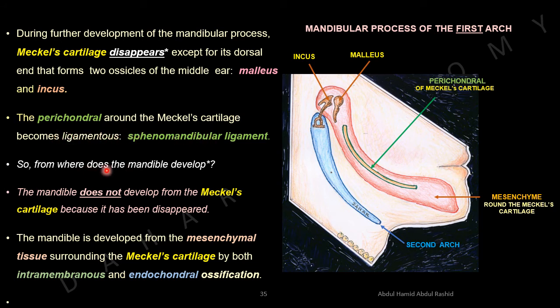So from where does the mandible develop? The mandible does not develop from Meckel's cartilage because it has disappeared. The mandible is developed from the mesenchymal tissue surrounding Meckel's cartilage by both intramembranous and endochondral ossifications.